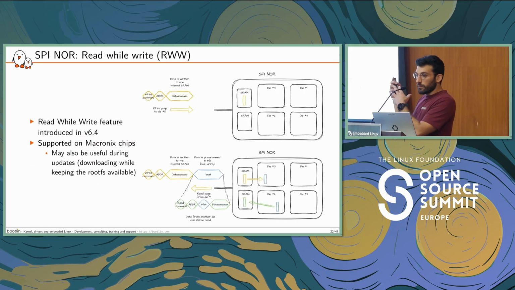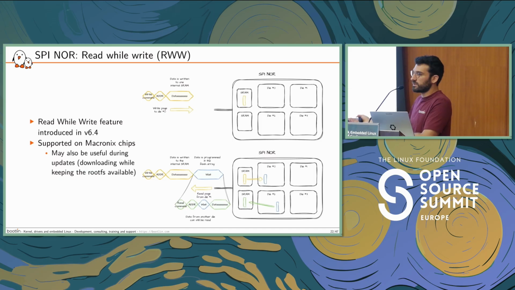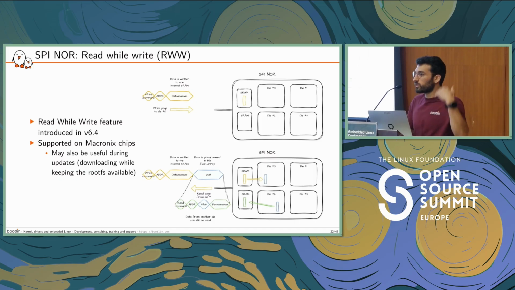The feature that was brought up by vendors was the read while write feature, which, based on the fact that you have an additional cache in the NOR, allows you to do read operations and read the flash array and put the data in a second cache, while the first cache is being written somewhere else in the flash.